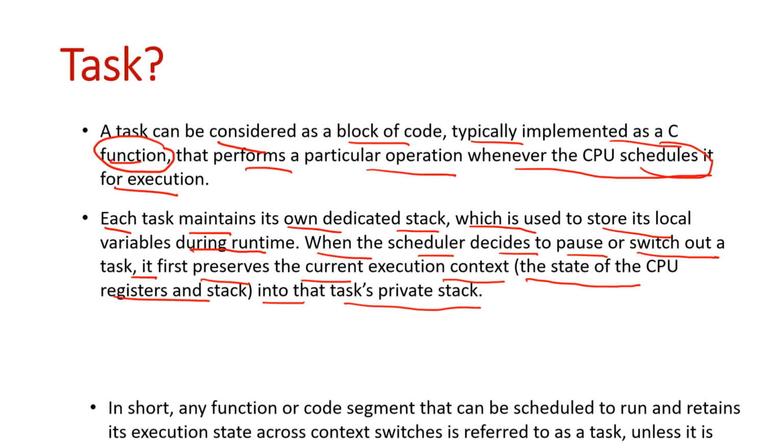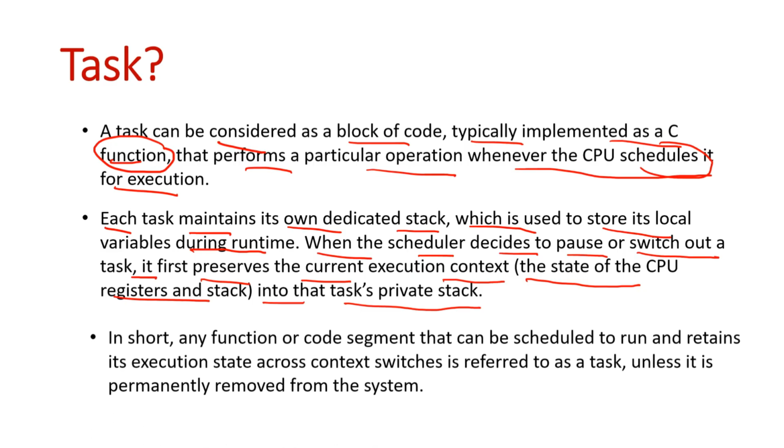In short, any function or code segment that can be scheduled to run and retains its execution state across context switches is referred to as a task. So finally what we are saying here is, a task is nothing but any function or code segment that is schedulable to run and retains its execution state across context switches.